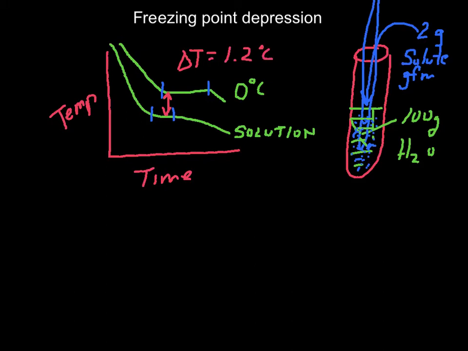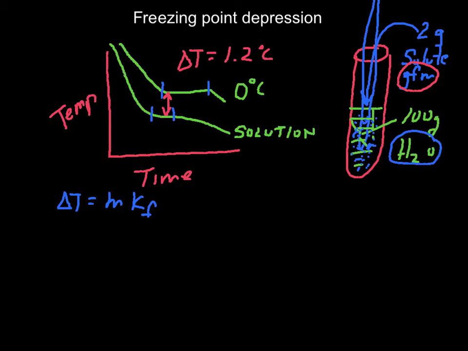So, here's how I'm going to solve for the gram formula mass of the 2 grams of solute that I threw in there that messed up the freezing point of water by 1.2 degrees. The first equation looks like this. Delta T is equal to molality times Kf. Now Kf is a constant that describes the solvent, or the H2O.